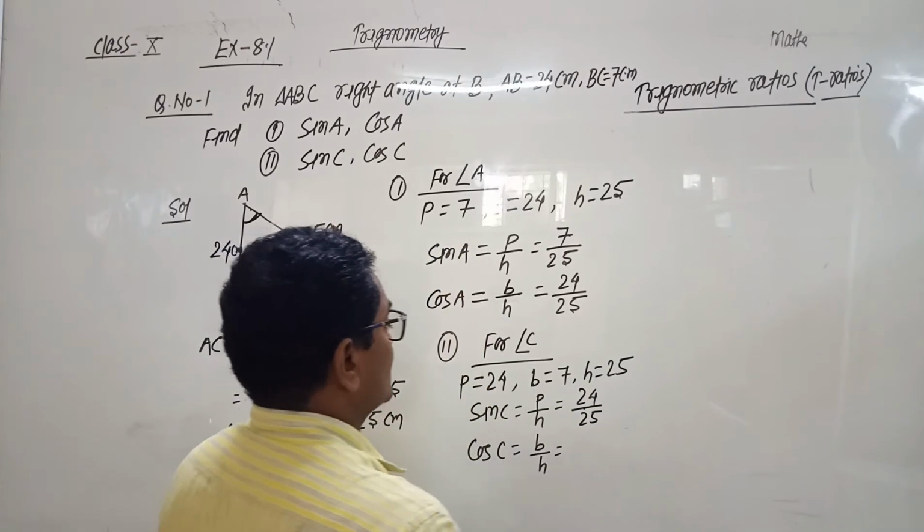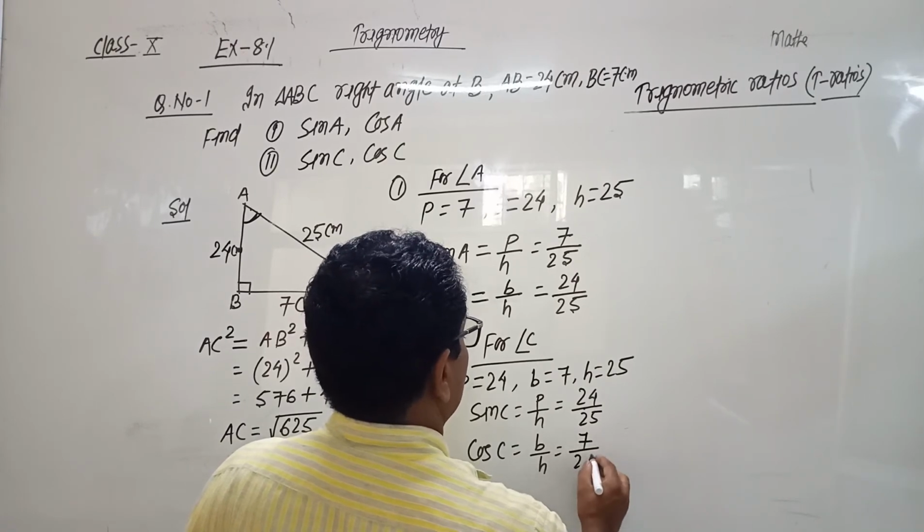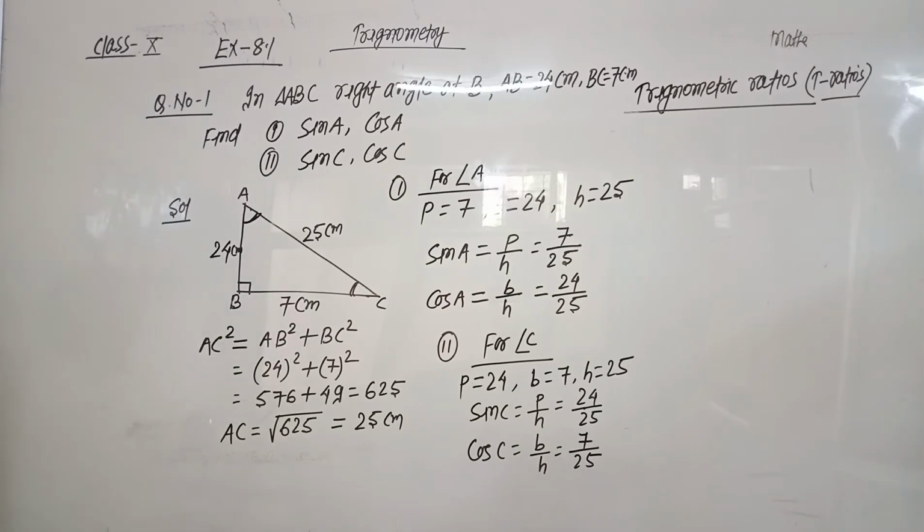So we get the result: sin A equals 7 by 25, cos A equals 24 by 25, sin C equals 24 by 25 and cos C equals 7 by 25.